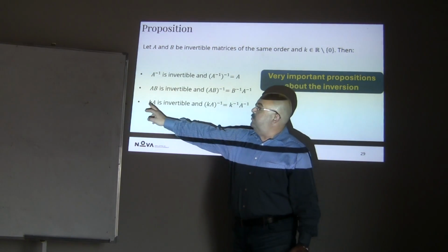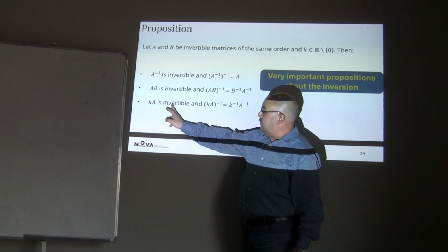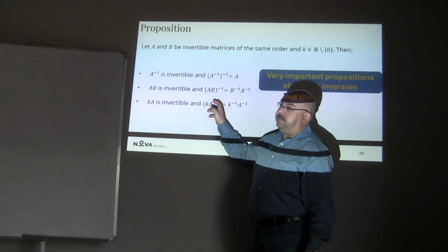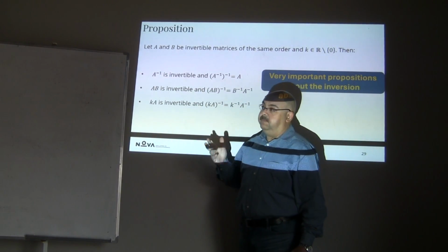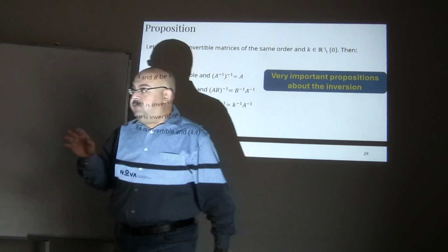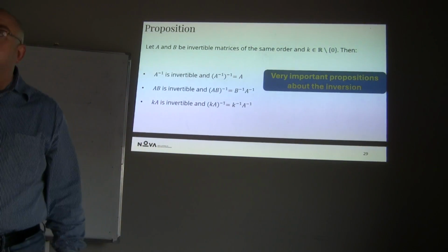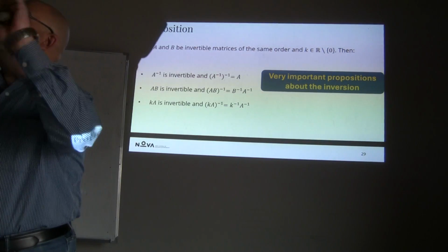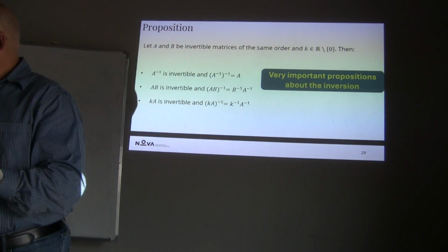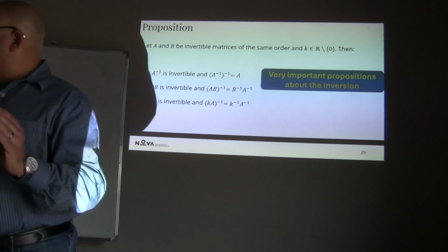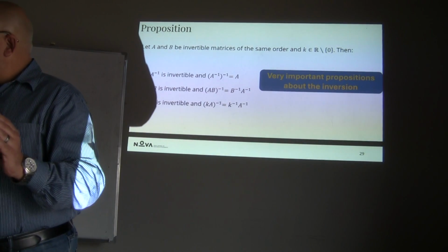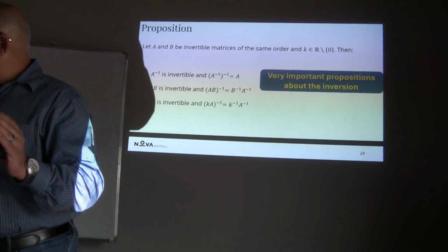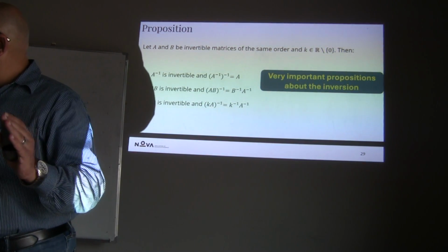Okay, once more, if you have K times A invertible, then KA to the power of negative 1, where K is a number. Of course, we know if you have a matrix and you multiply it by a constant, this constant will be multiplied in all the elements of the matrix. So if I have the matrix 1 0 0 1 multiplied by 2, it will look like this: 2 0 0 2.